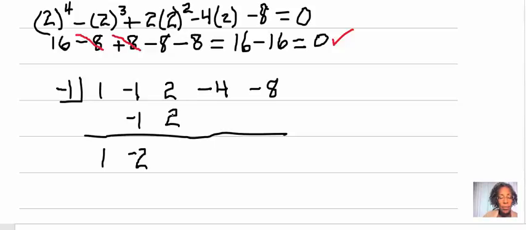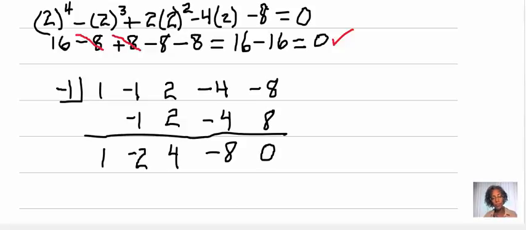I add that, put that product underneath the next coefficient above my horizontal line, add to get 4, put the sum under the horizontal line. -1 times 4 is -4. Put that under the next coefficient, which is -4, add, and I get -8. -1 times -8 is +8. I add these to obtain 0.